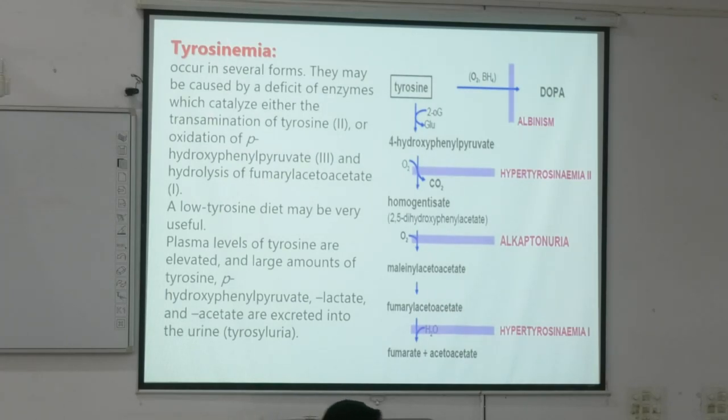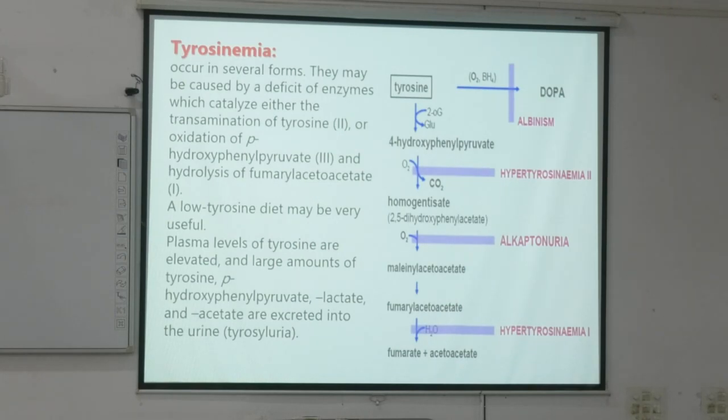Now comes tyrosinemia. It is nothing but a deficiency disease of enzymes. There are three types of tyrosinemias: tyrosinemia 1, 2 and 3.